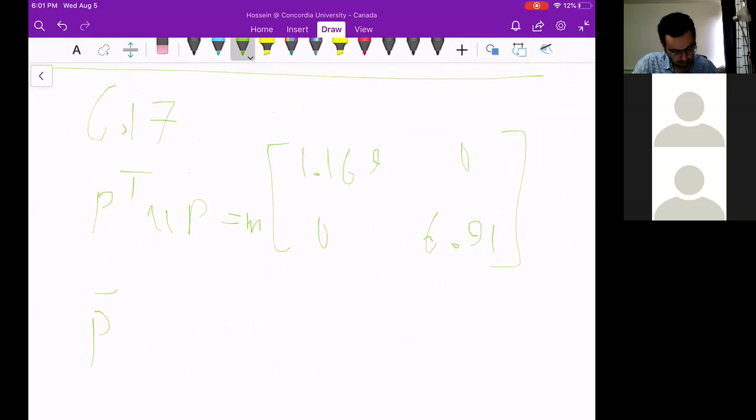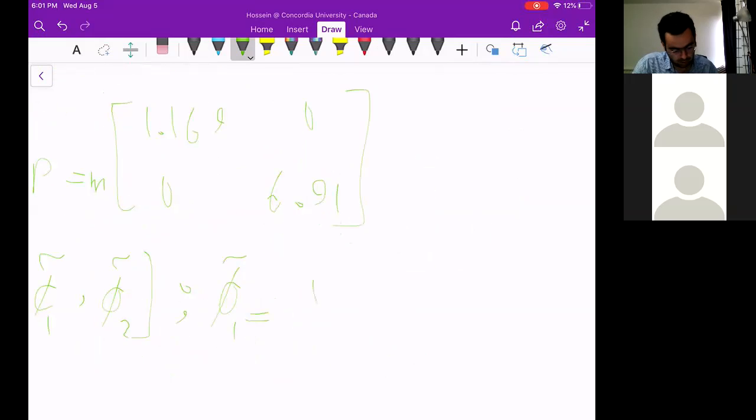The weighted modal matrix is the weighted first mode and weighted second mode, where the weighted first mode is 1 over the square root of the first modal mass, multiplied by the first mode shape.